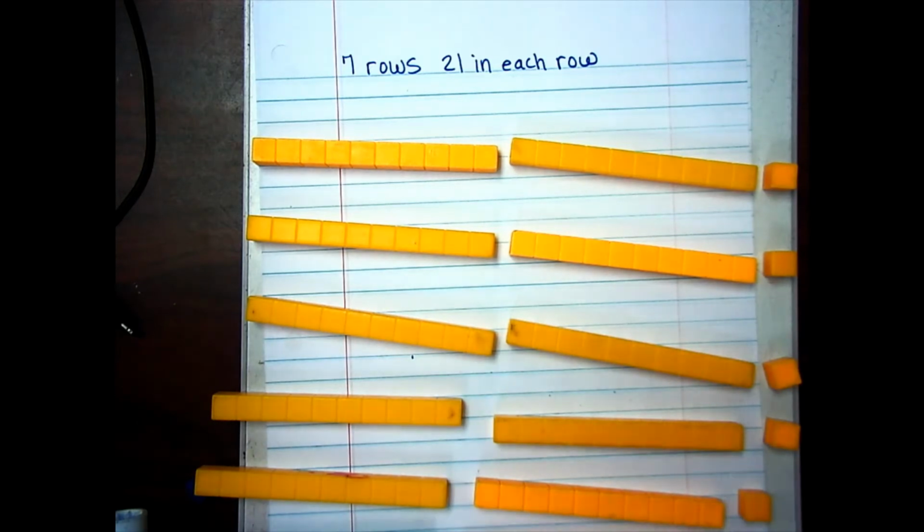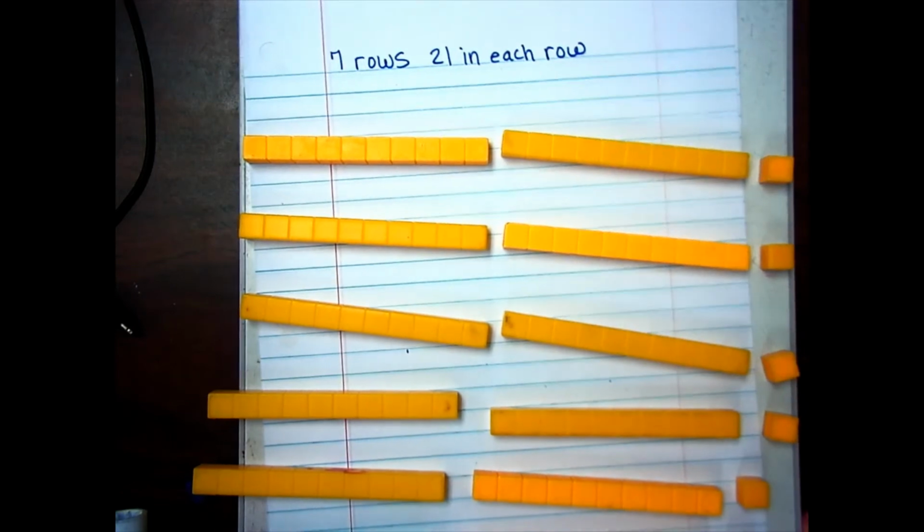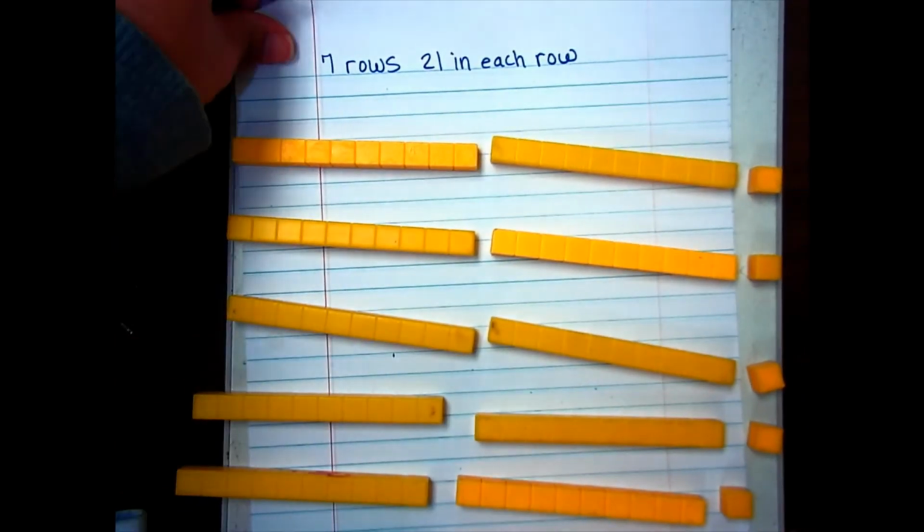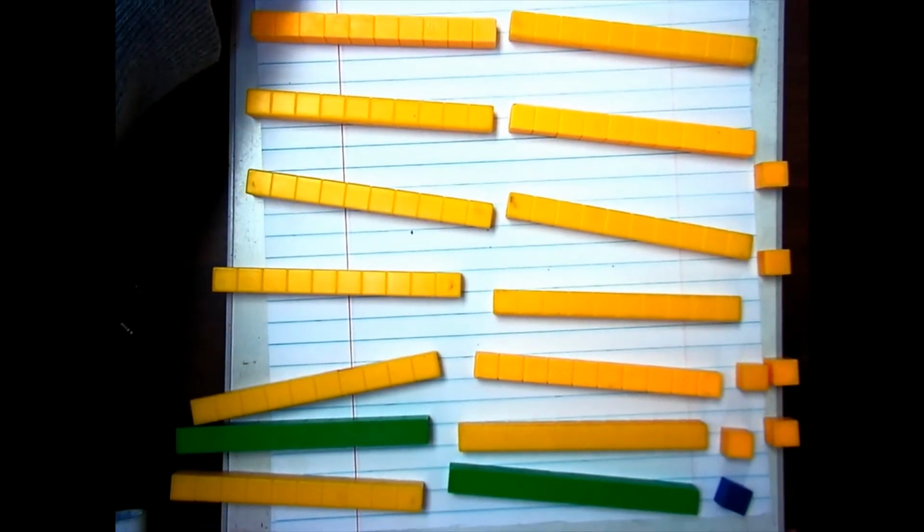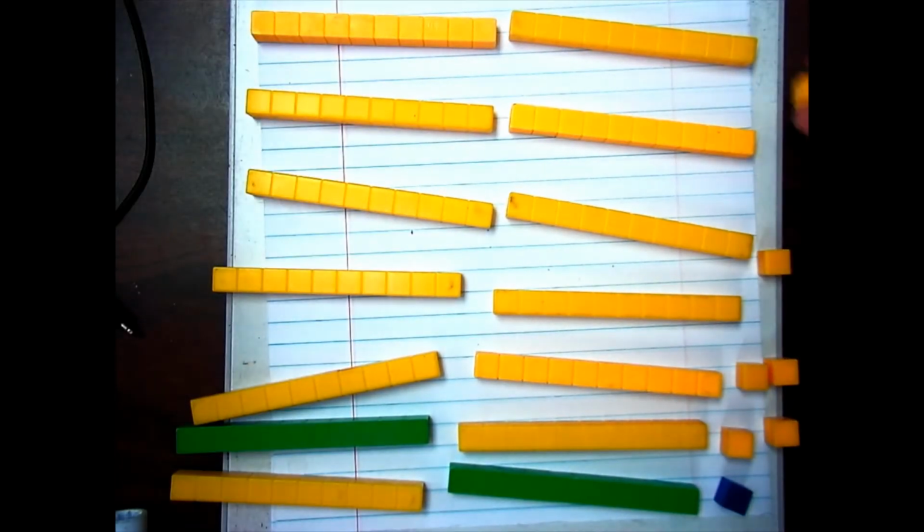So I have 7 rows. Okay, 7 rows and 21 in each row.